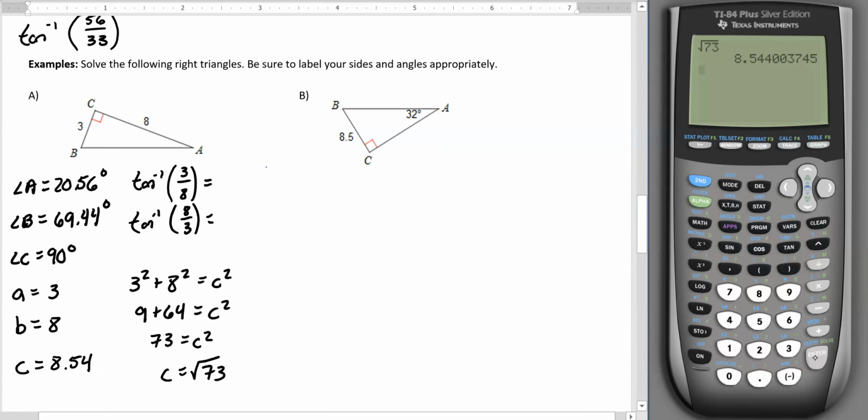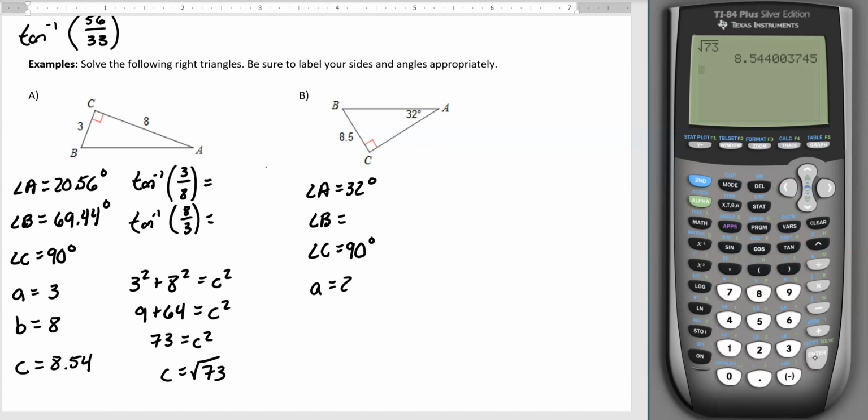All right. Now let's do one where they do give us an angle. So let's write out what we know. We know that angle A is 32 degrees. We don't know angle B. We know angle C is 90 degrees. Side A, it says, is 8.5. We don't know side B, and we don't know side C. All right, this would be side B, this would be side C. We don't know those.